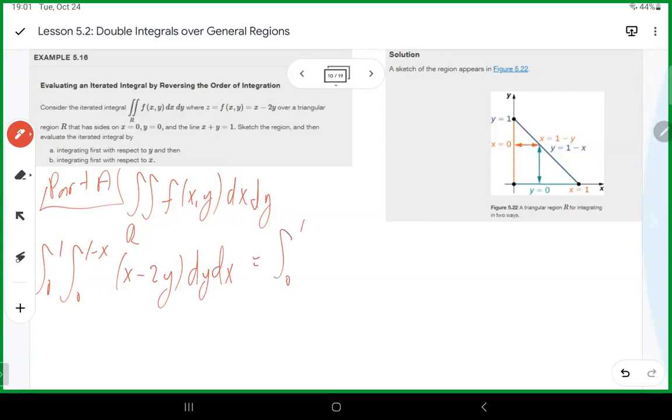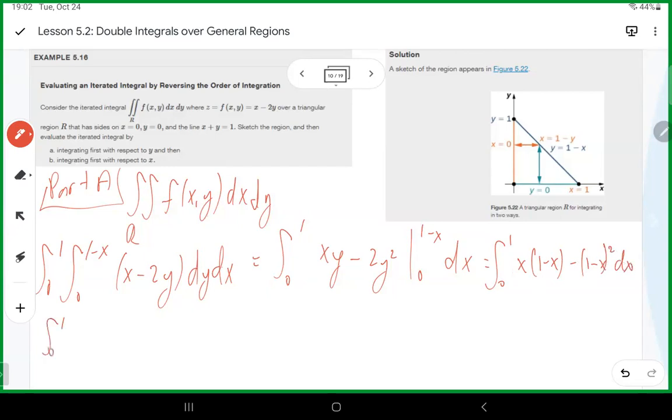So 0 to 1, xy minus 2y squared, 0 to 1 minus x dx. We will do some substituting in, so we would get x times 1 minus x minus 1 minus x squared dx.